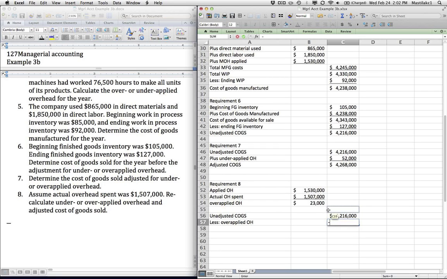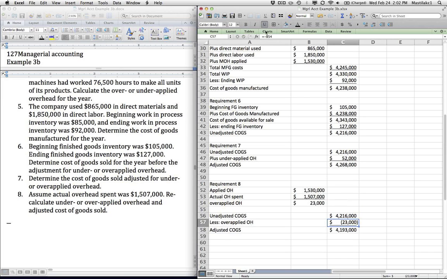So we need to correct that error by taking it back out. And so our adjusted cost of goods sold is going to be $4,193,000. In either case, whether we've had to adjust for underapplied or overapplied, the adjusted cost of goods sold is a number that will show up on the company's income statement.